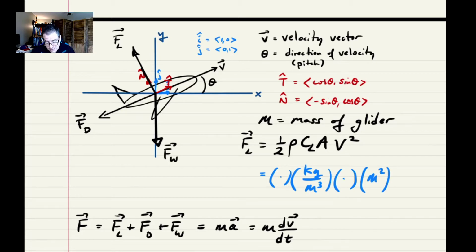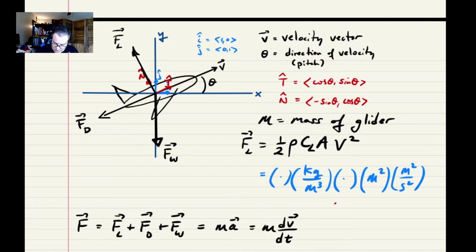And then you've got the velocity, which here is just the scalar speed, in meters per second, but it's squared. So let me write that as meters squared per second squared. Looking at these units, we've got meters to the fourth divided by meters to the third. So that's just meters.